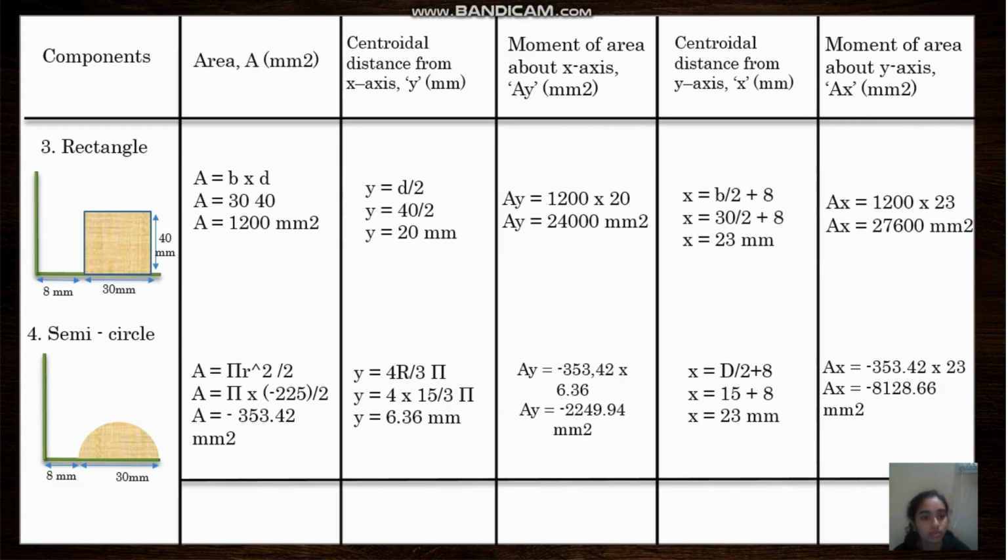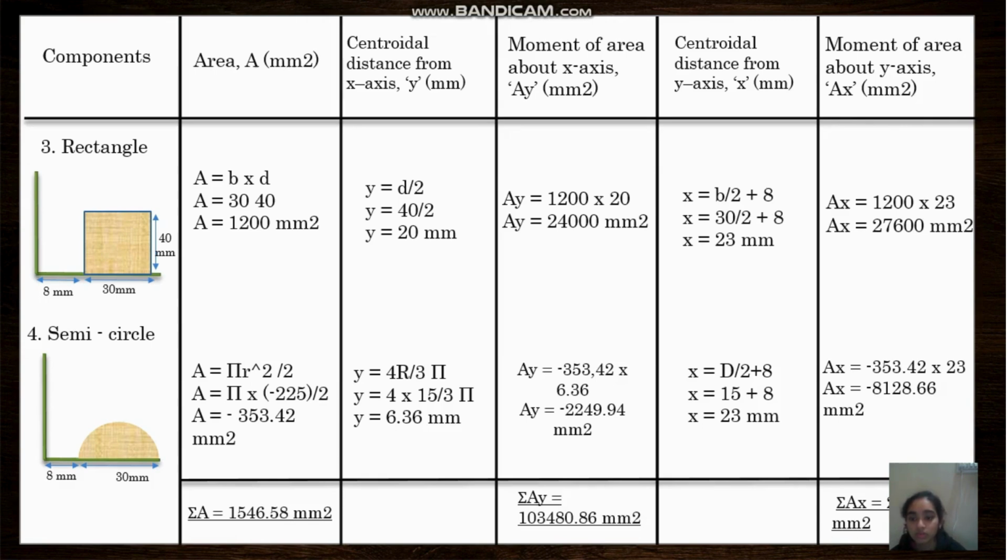Moment of area about y-axis, we are gonna multiply area and centroidal distance from y-axis. We are gonna get minus 8,128.66 millimeter square.